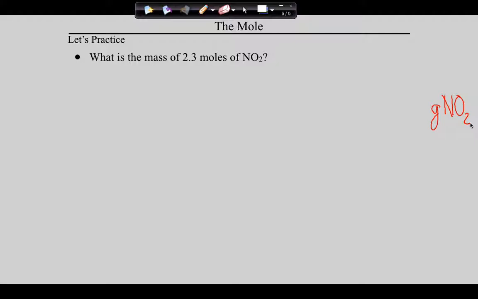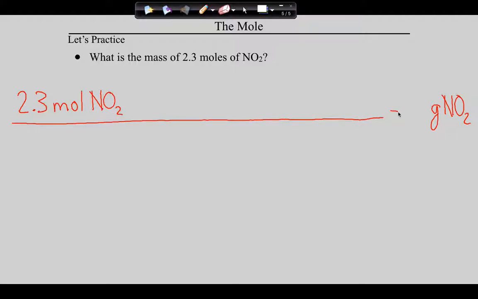You guys ready for the saddest abbreviation in the world? 2.3 mol. That is actually the accepted abbreviation for moles. Drop the E. I know. It hardly seems worth it. NO2. Step 3, draw a line.